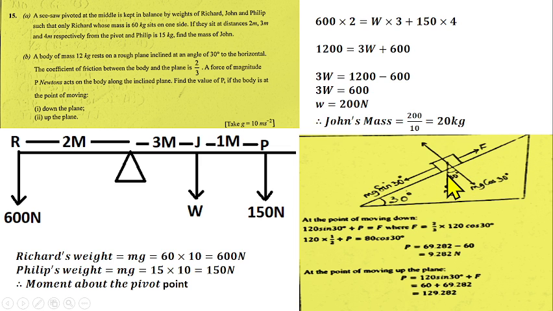Now, when it comes to forces on an inclined plane, there is the horizontal component and the vertical component of the force. The component along the plane is mg sine theta, which is mg sine 30 degrees.